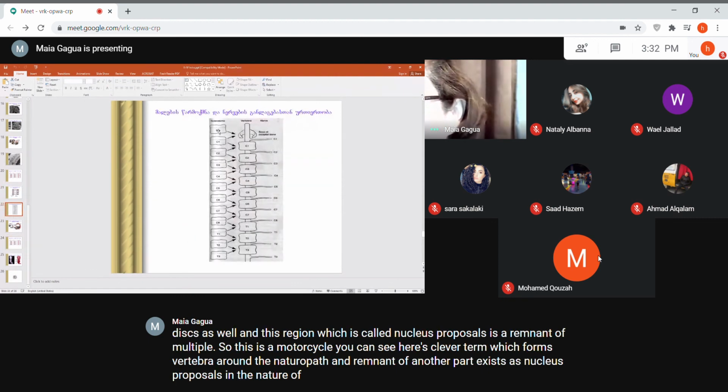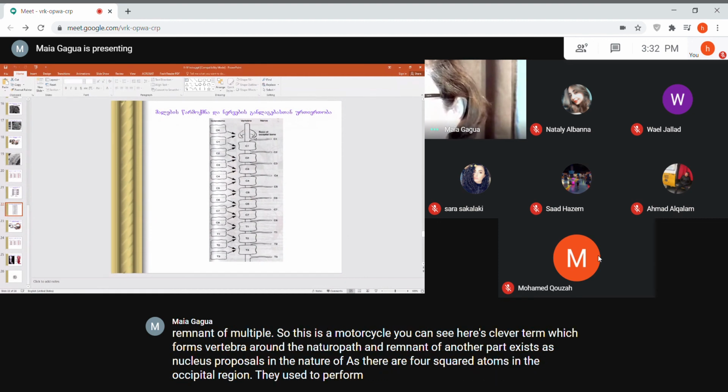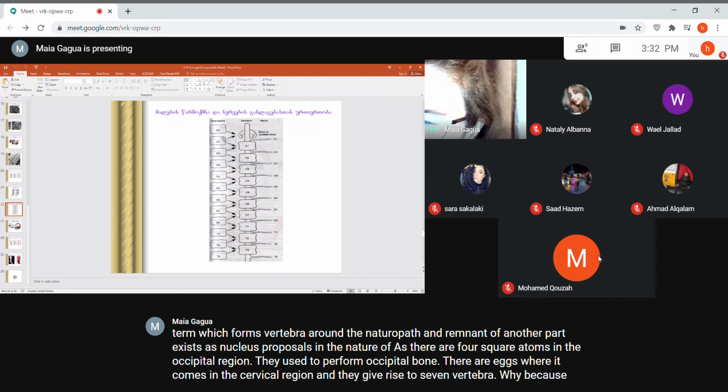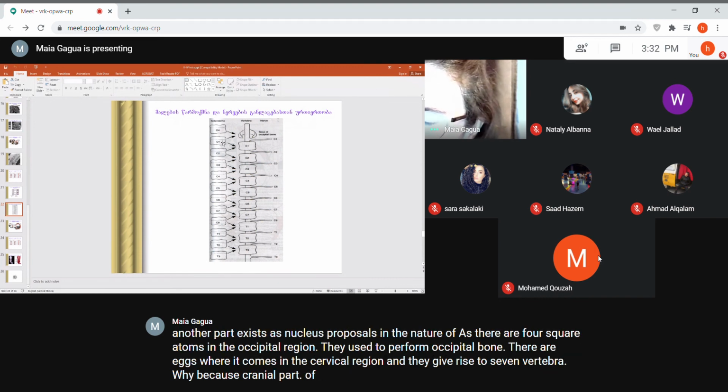There are four sclerotomes in the occipital region. They fuse to form occipital bone. There are eight sclerotomes in the cervical region, and they give rise to seven vertebrae. Why? Because cranial part of first cervical sclerotome fuses with occipital bone.